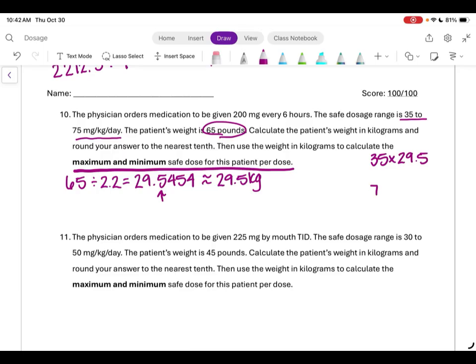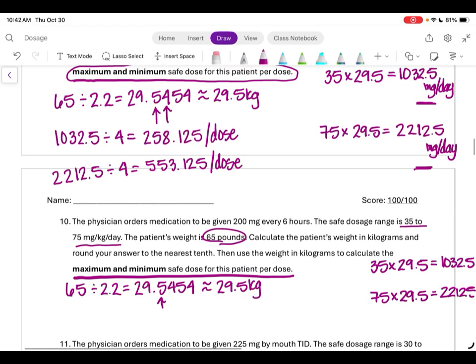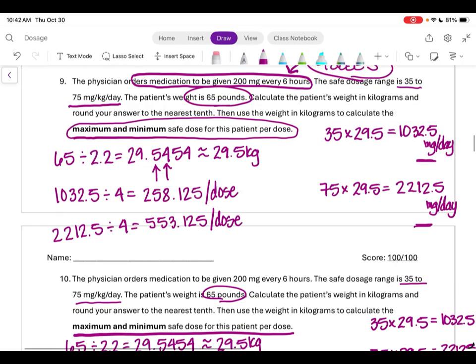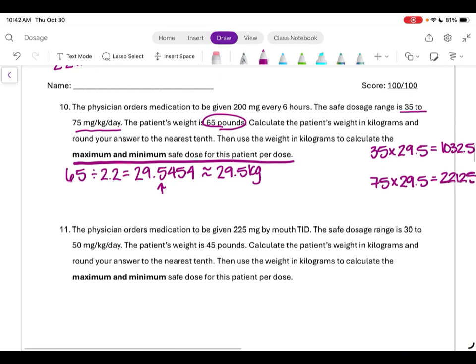And then 75 times 29.5. So 1,032.5. And 2212.5. That is the same thing. Okay, well, I'll just keep going with it.